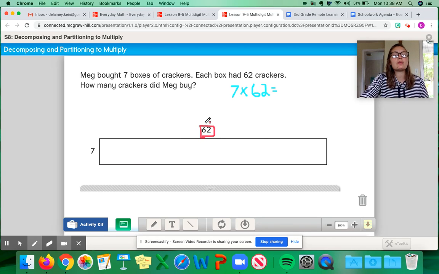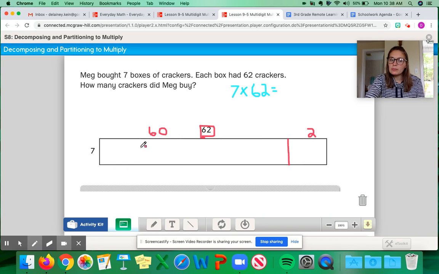So I can do this because I know 60 and 2 are broken up to be 62. 60 plus 2 is 62. So if I were to partition my rectangle, this side represents the 60, this side represents the 2, and there's 7 for both sides.